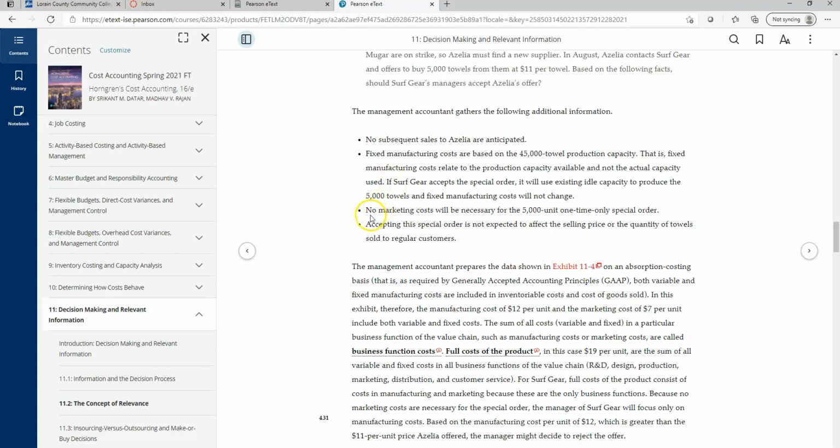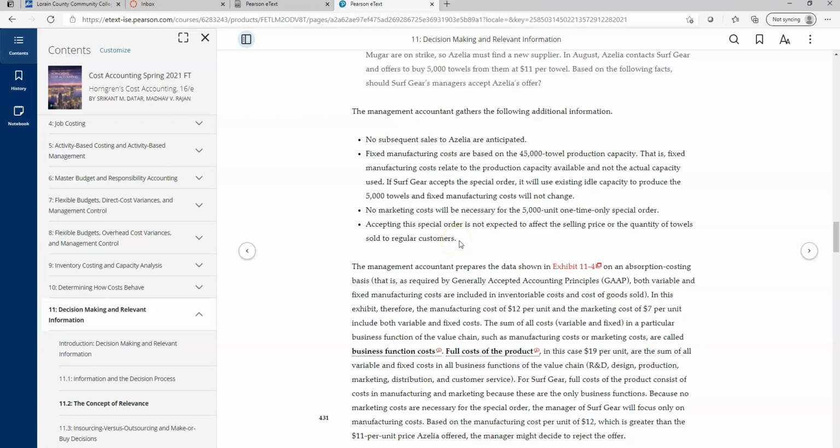The next bit of data we're given is that the managers found out no marketing costs will be necessary for the 5,000 one-time only special order. And we also find out that accepting the special order is not expected to affect the selling price or the quantity of towels sold to regular customers.